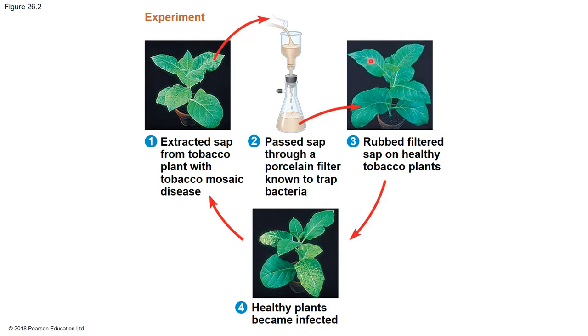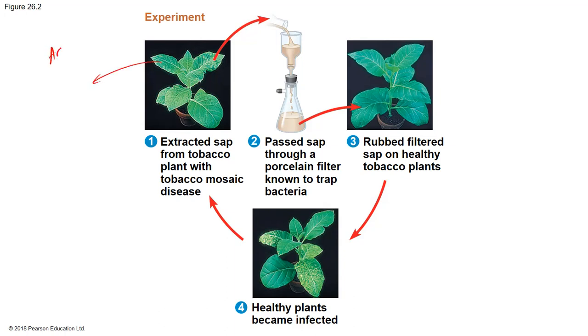So now the healthy plants will become infected with the virus. So basically, he took the virus from the leaves of infected plants, and he rubbed them. So let's say this is not actually the experiment done by Adolf Meyer, but it's a similar experiment in principle.